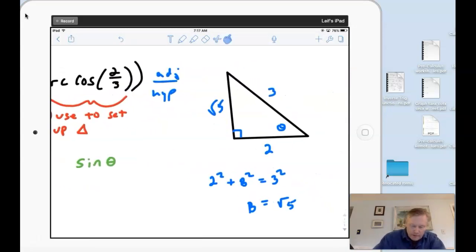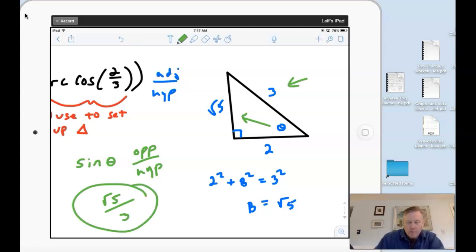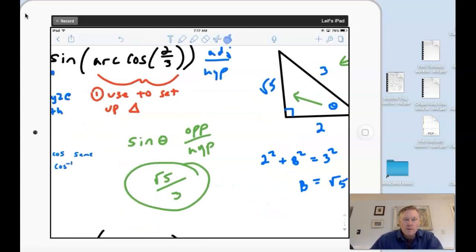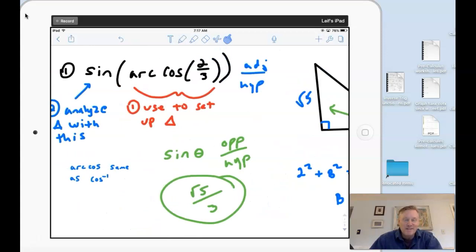Sine is opposite over hypotenuse. The opposite of theta is the square root of 5, and the hypotenuse is the 3, and that is my answer. So that's how we're going to do these. They look really complicated, but they're really not so bad when you break them down like that.